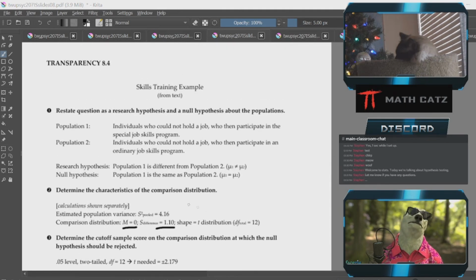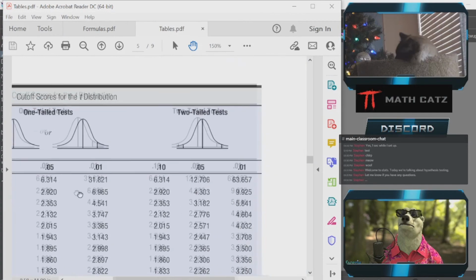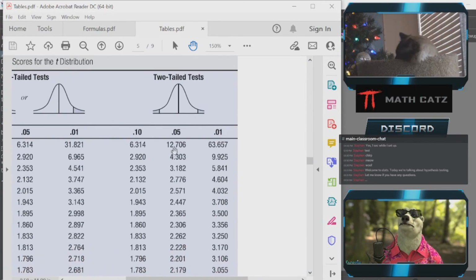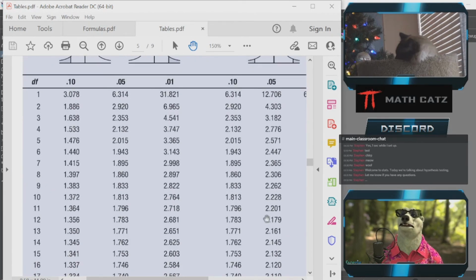Then let's choose an alpha of 5%. Two-tailed, because we're checking for a difference or not. Degrees of freedom, let's see where this comes from. Two-tailed test, 5% alpha, degrees of freedom 12, 2.179.